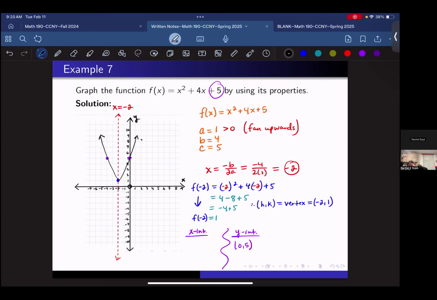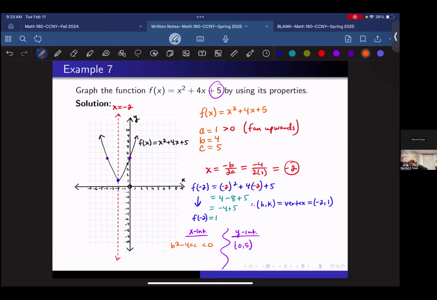We can label our function f of x equals x squared plus 4x plus 5. But you'll see that there's no x-intercept here, and we can test it using our quadratic formula. You'll notice that the discriminant, our b squared minus 4ac, is going to be negative, right?